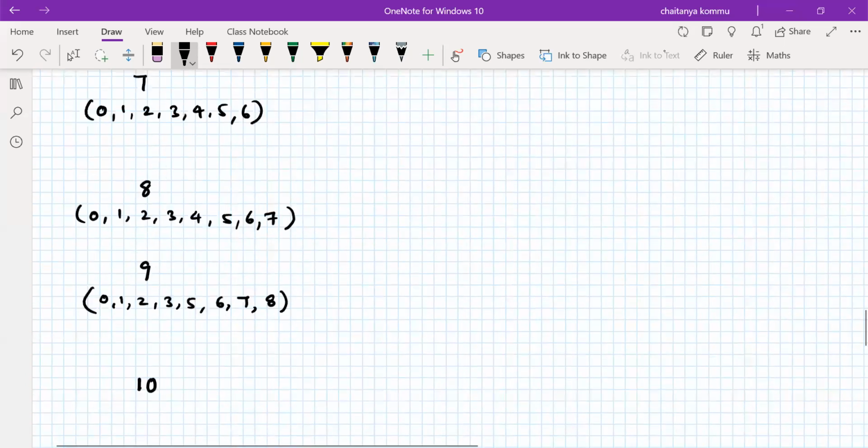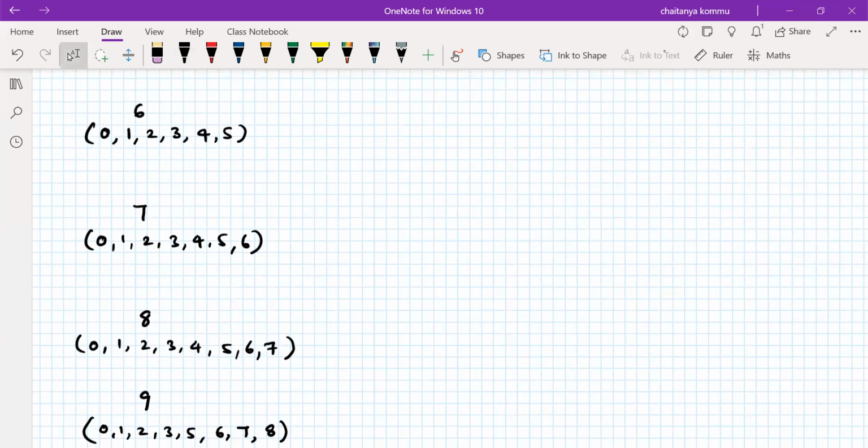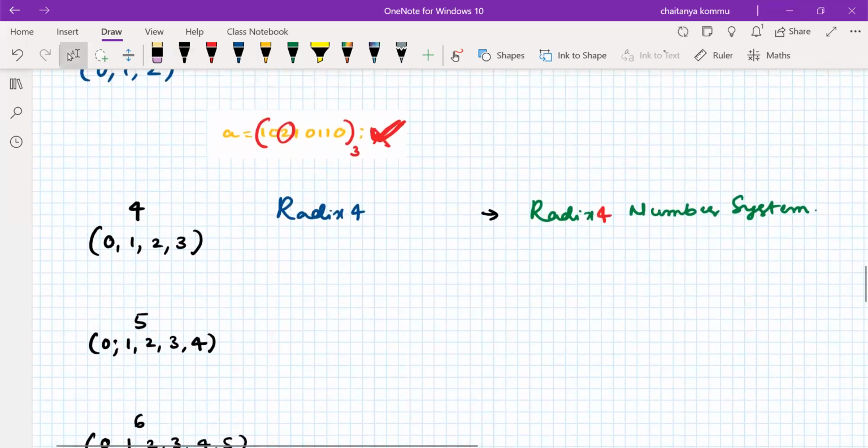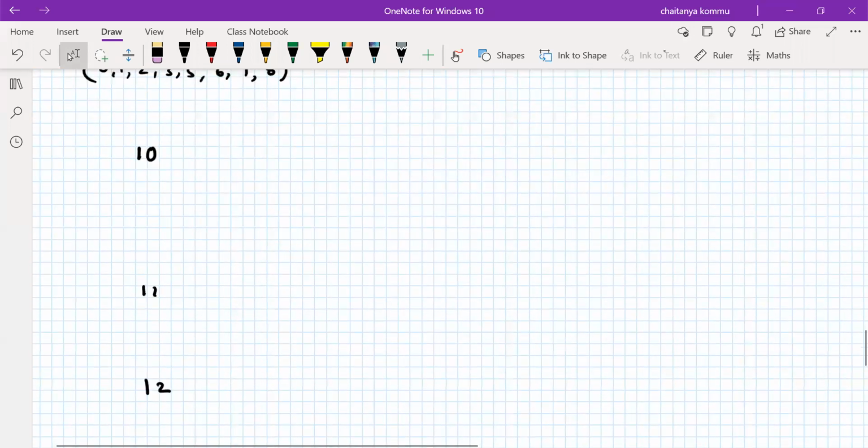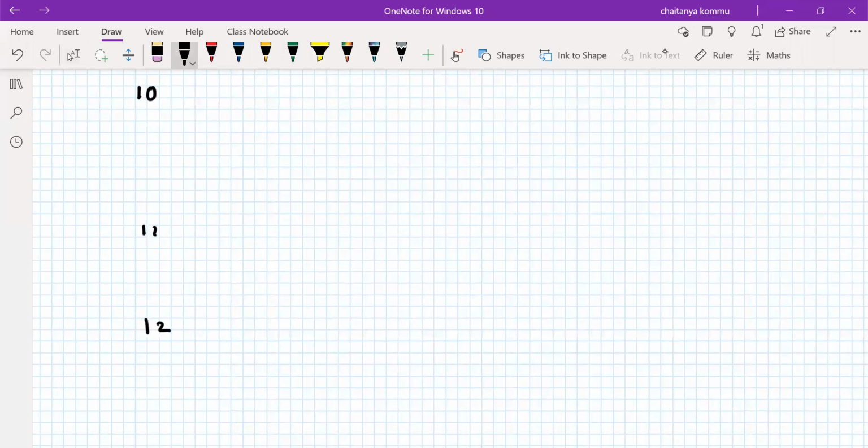So what is the maximum digit that the radix can present? For example, if I say radix 12, or radix 10, what is the maximum digit that I can present here? Any guess? Radix 12.